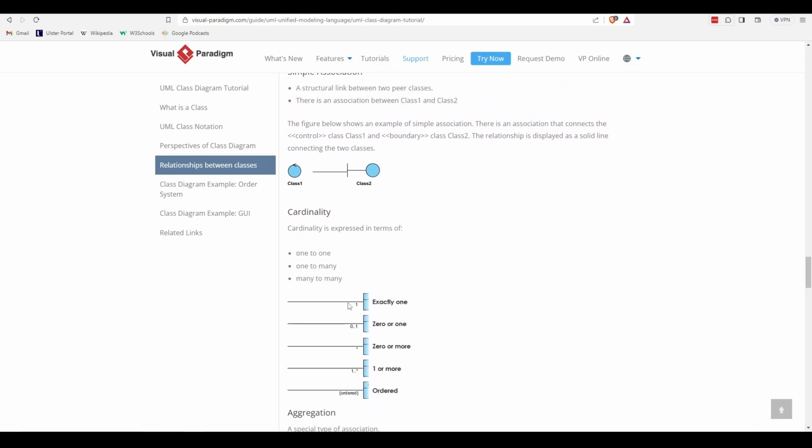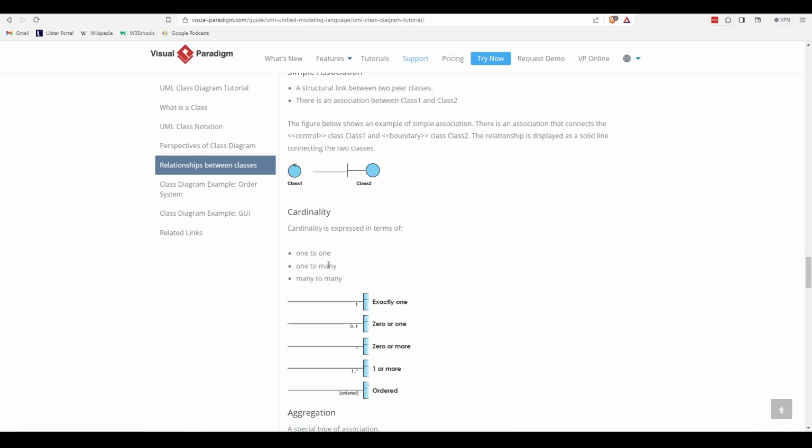Sometimes you'll see this more. You might have it in your class diagrams, but a lot of the time, your cardinality is basically the number of your relationships. So let's say you have two classes that are related, like a customer class and an order class. One customer can make many orders, so that would be a one-to-many cardinality.